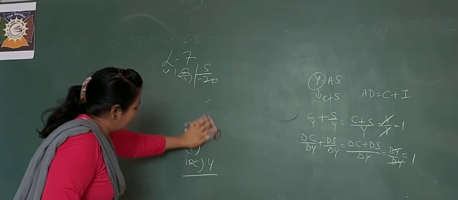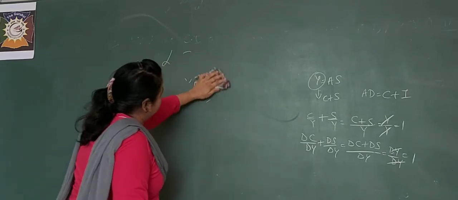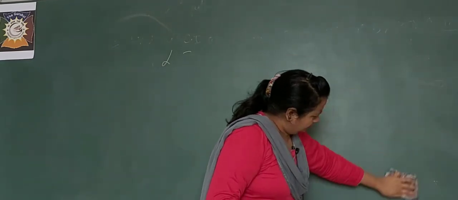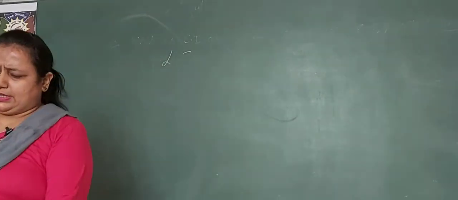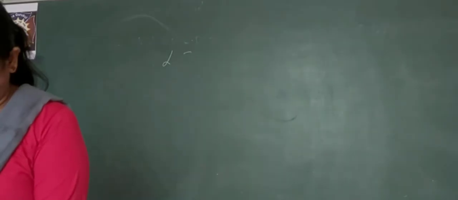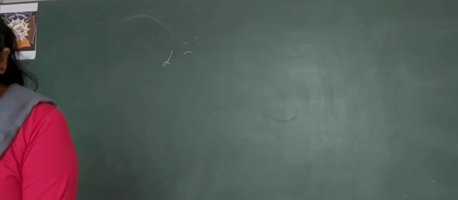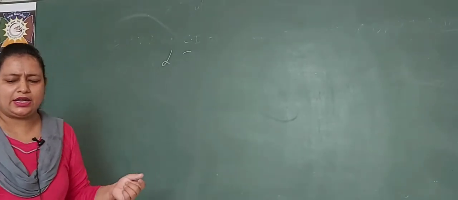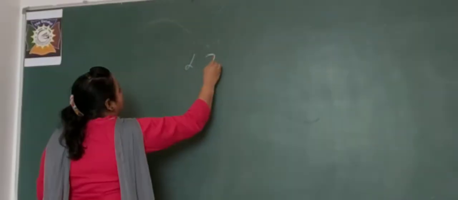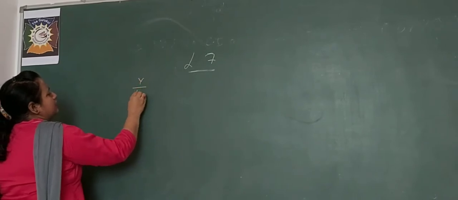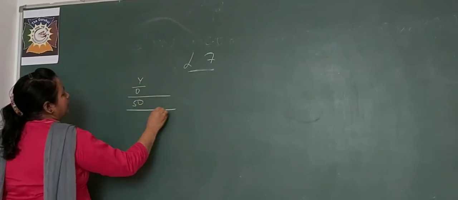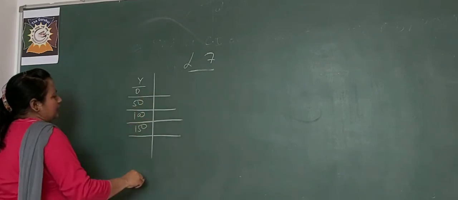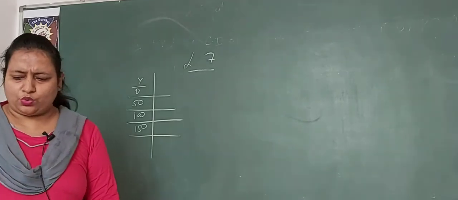Now I will start the numerical portion. Firstly, I am taking the question, then I will solve. Income is given: 0, 50, 100, 150, and one more, 200.